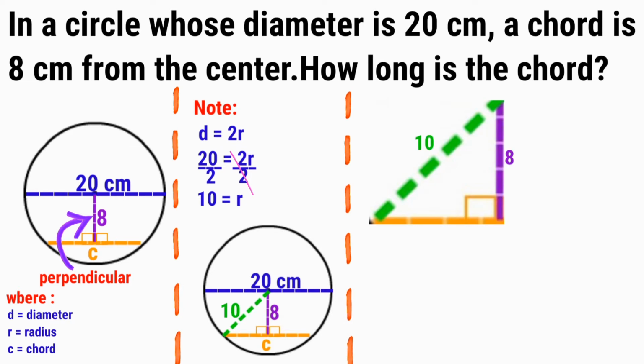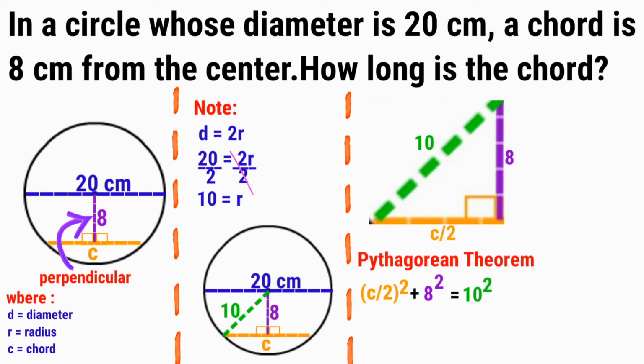Since our chord is bisected, it will be divided by 2. Applying the Pythagorean Theorem, (c/2) squared plus 8 squared is equal to 10 squared. Now, (c/2) squared plus 64 is equal to 100.